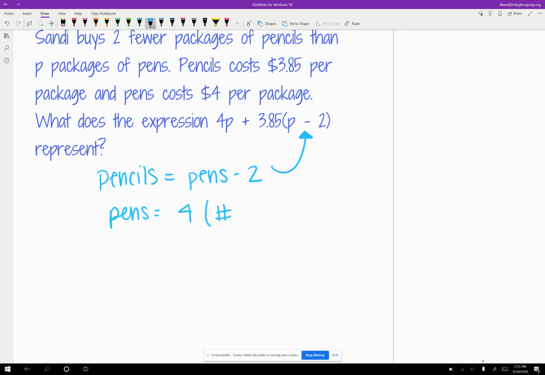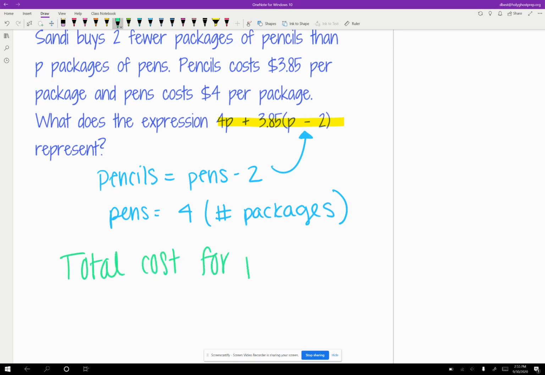So 4 times the number of packages, which means this expression tells me the total cost for both pens and pencils.